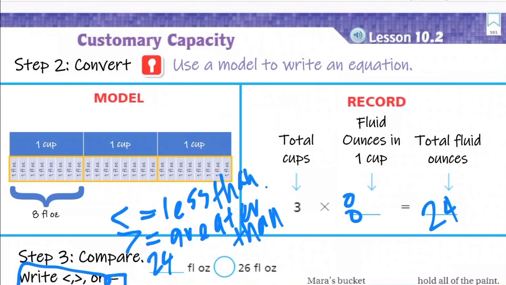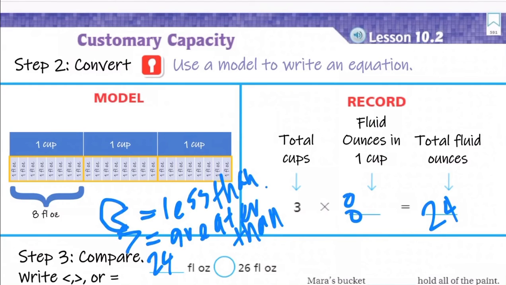But a way that I remember, and I'm probably your parents too, is to pretend that those symbols are alligator mouths, or even a Pac-Man mouth. I remember my school teacher telling me to do this.